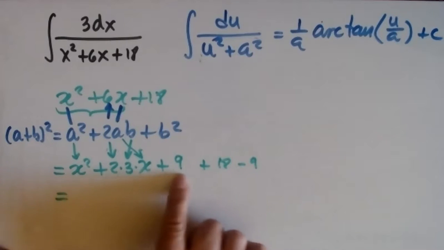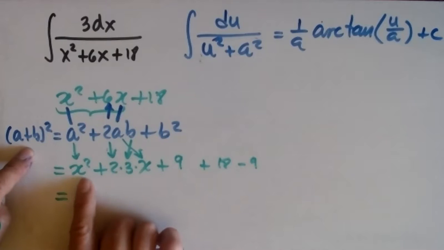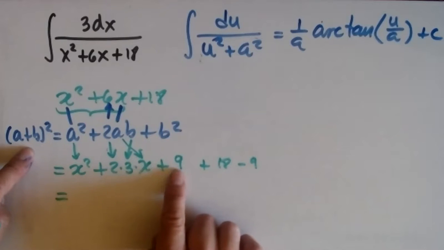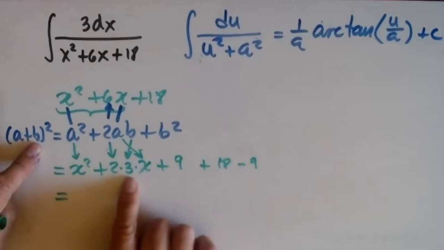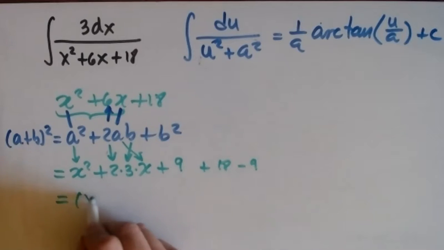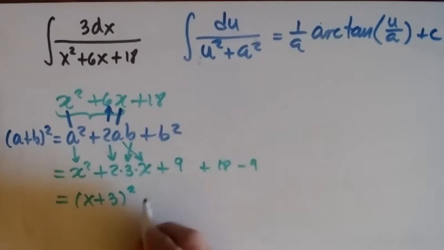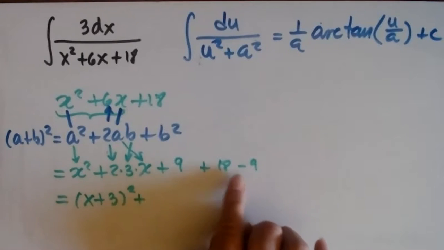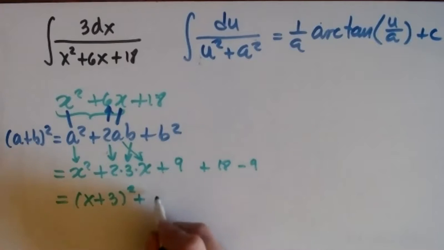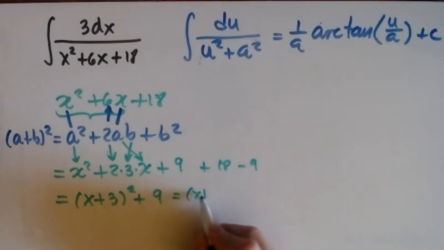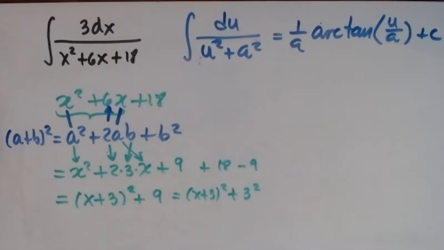I can group this one as this. So, x plus 3 squared, because the b is 3. So this is x plus 3 squared plus 18 minus 9. That's a 9. And obviously, I have here x plus 3 squared plus 3 squared.